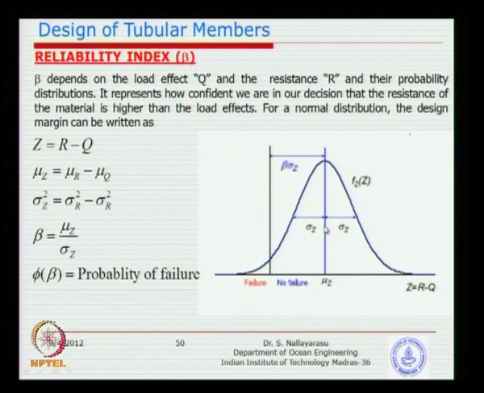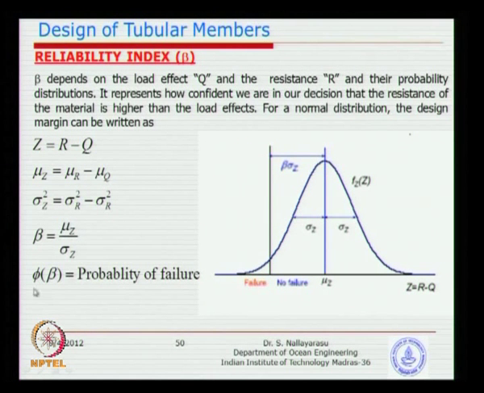You could use a normal distribution, which you might have learned, and the beta will be, for example in our allowable stress design, the allowable stress divided by the applied stress. That is basically what we are trying to do. Mu g versus sigma g: sigma g is the standard deviation, and mu g is the mean value of the net effect.